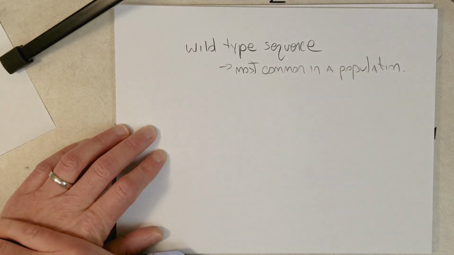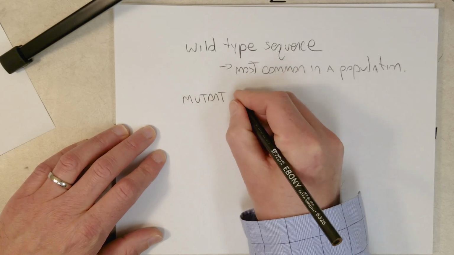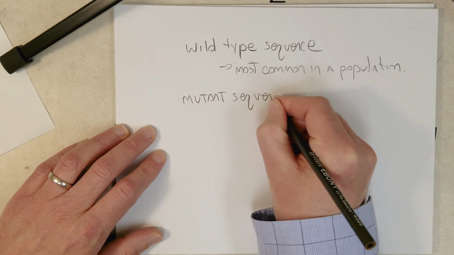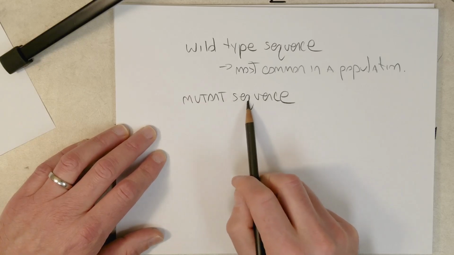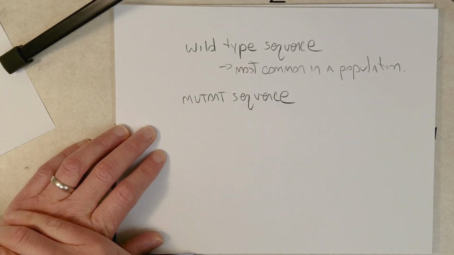So that will be the wild type sequence. And we will consider a mutant sequence to be anything that is not wild type. So a mutant sequence is any sequence that is not the wild type sequence.